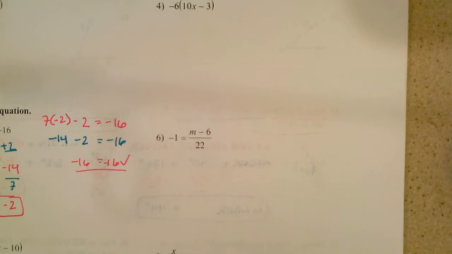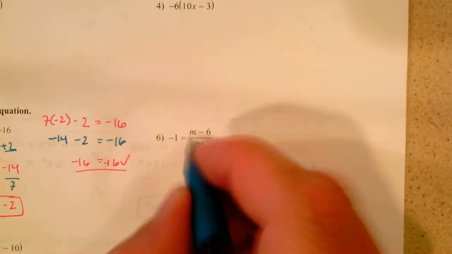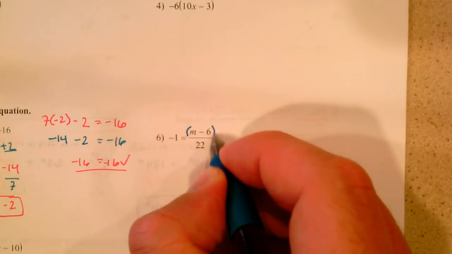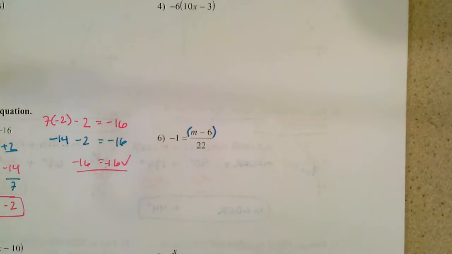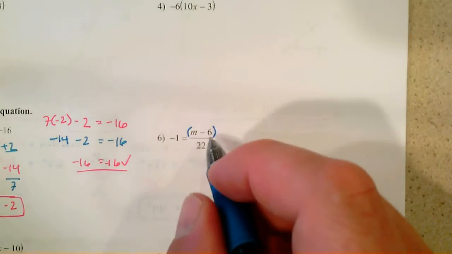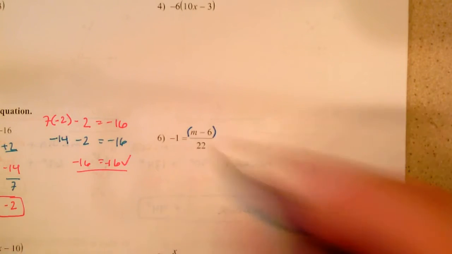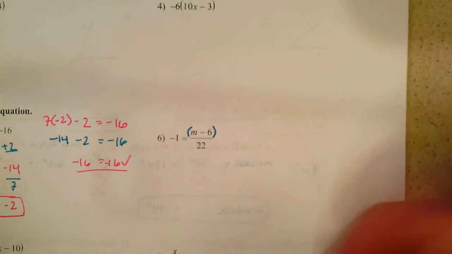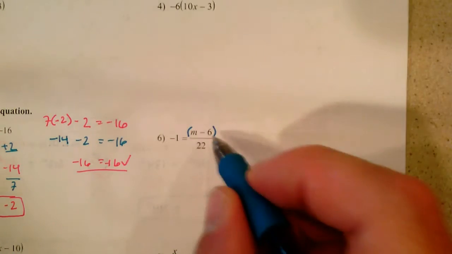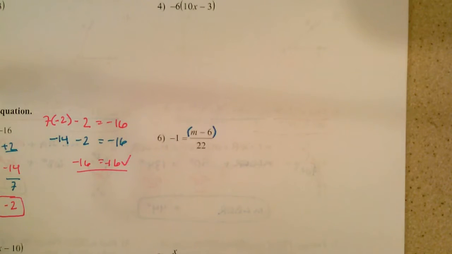Let's do one more. Next door. All right, we've got m minus 6. So we can treat this, remember when we were doing the order of operations problems, we had to do what was inside the parentheses first. We can think of what's inside these parentheses as a single quantity that's being divided by negative 2. And after it's divided by negative 2, we get negative 1.